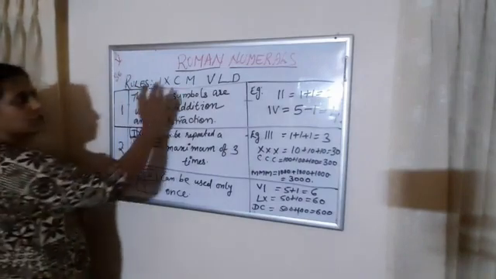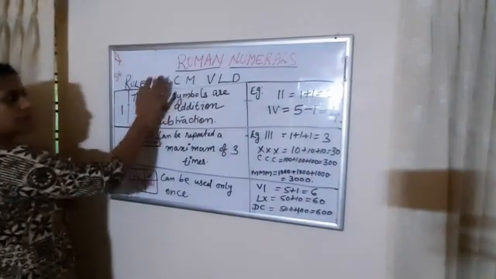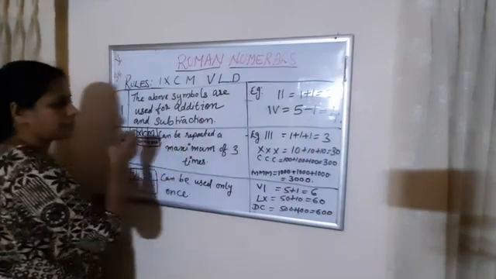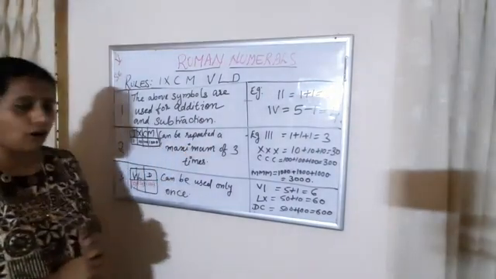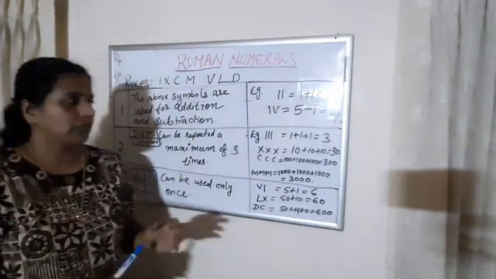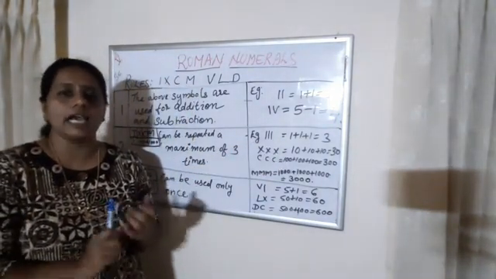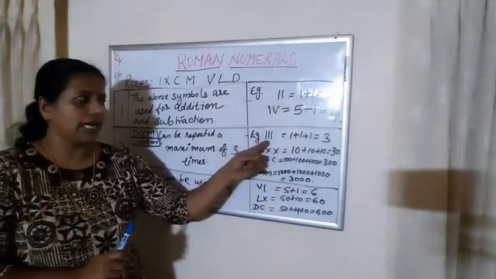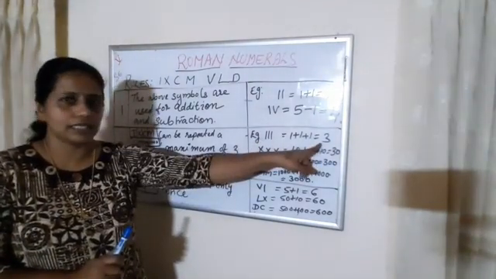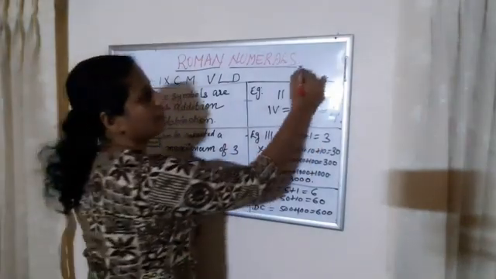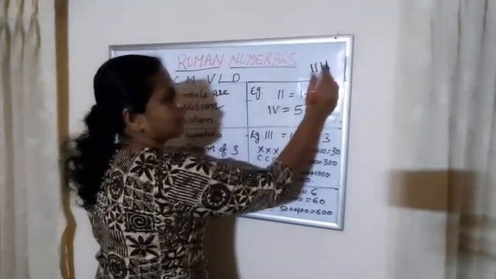Next one, first you take the front group, that is I, X, C, M. I, X, C, M can be repeated a maximum of 3 times. For example, we can write III, 3 times only. That means the number 3. You can't write I 4 times.